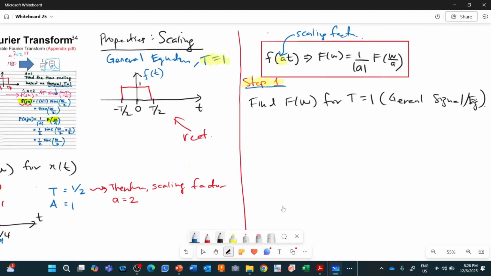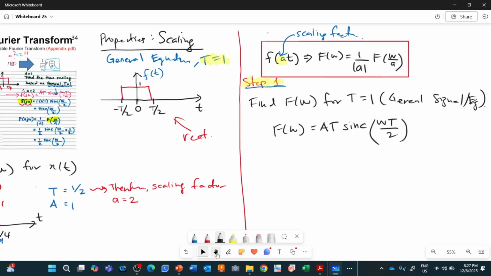So F omega is equivalent to A, guys, what is it? A T sinc omega T over 2, right?